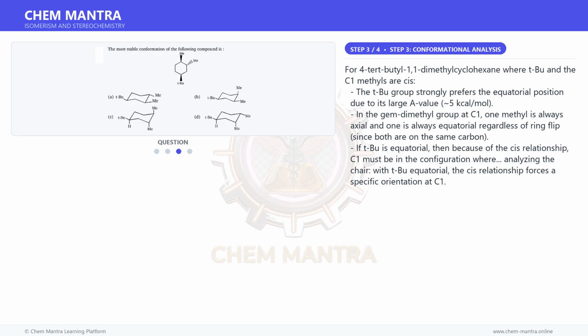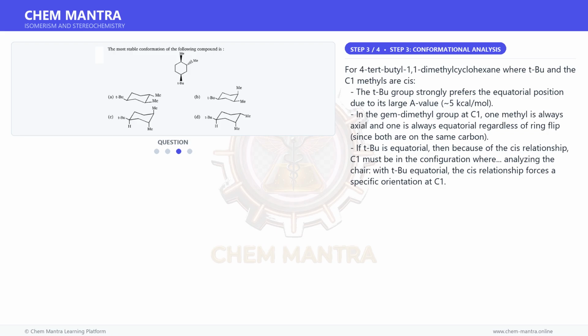For 4-tert-butyl-1,1-dimethylcyclohexane where TBU and the C1 methyls are CIS, the TBU group strongly prefers the equatorial position due to its large A value, 5 kcal/mol. In the gem-dimethyl group at C1, one methyl is always axial and one is always equatorial regardless of ring flip, since both are on the same carbon.